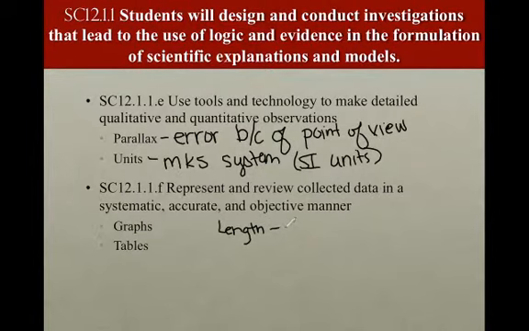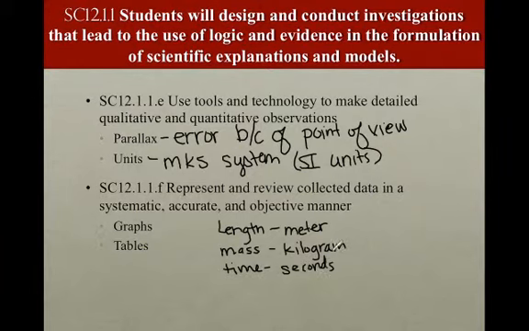The SI unit for length would be what? Meter. Yep. Mass is the K part, kilogram. And then S is the time part, would be seconds.